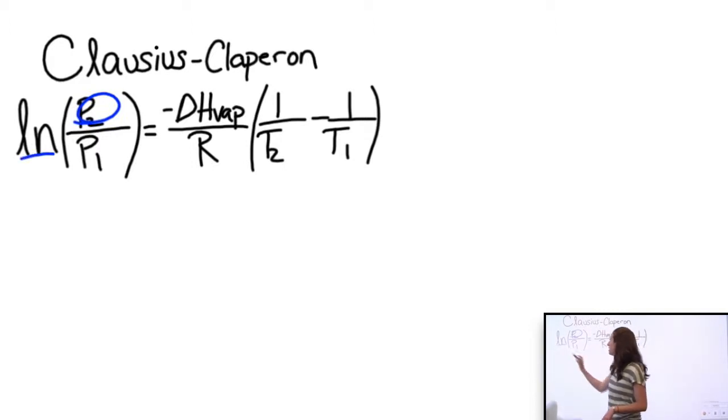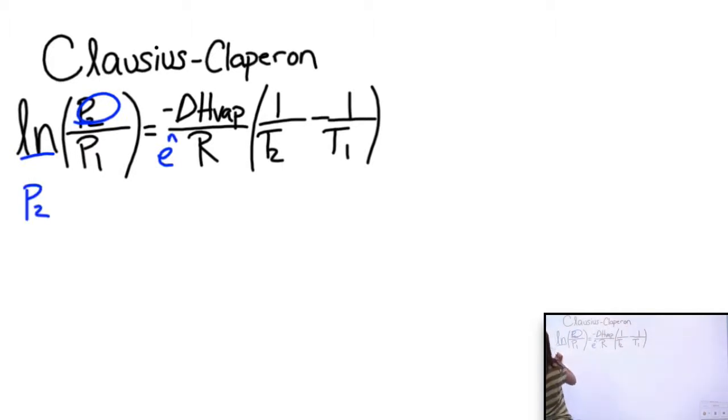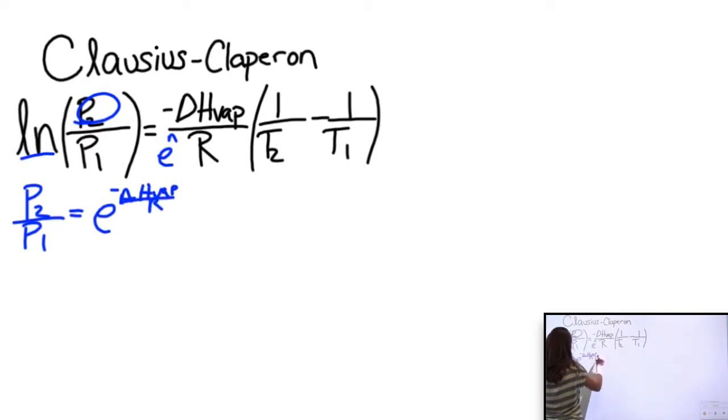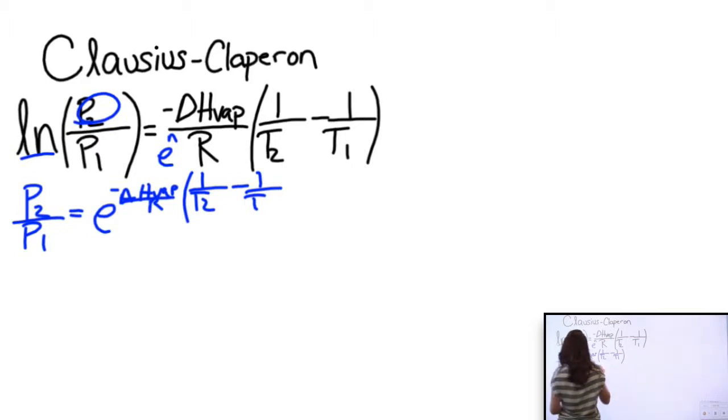This one's the easiest situation you might encounter, and the first thing you're going to want to do is get rid of this term by raising this side of the equation to the power of e. So it'll look like P2 over P1 equals e to the negative delta H of vaporization over R times 1 over T2 minus 1 over T1.